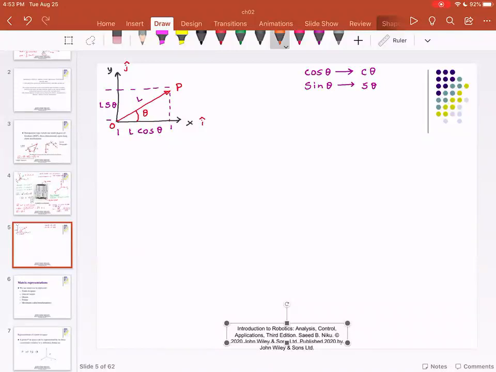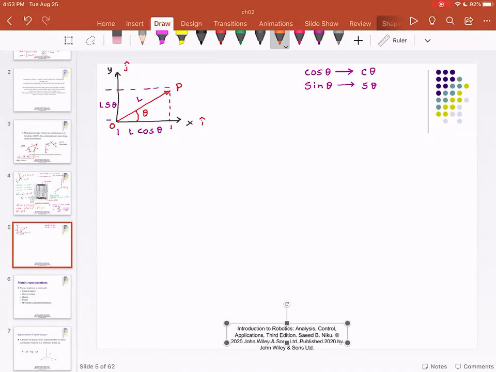If you want the total magnitude, you can square the projections, add them, and take the square root, and that will give you the overall magnitude.